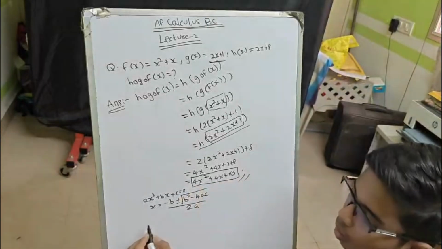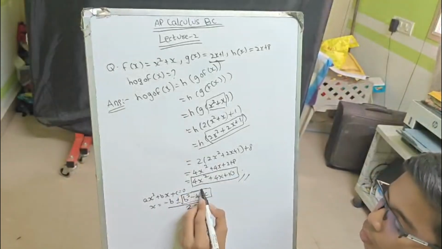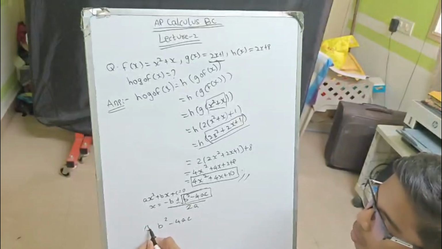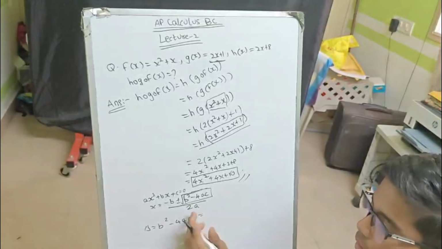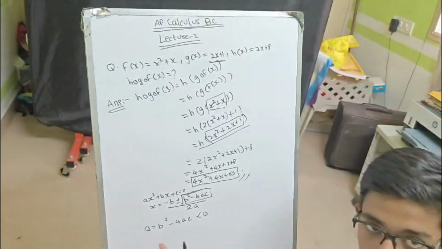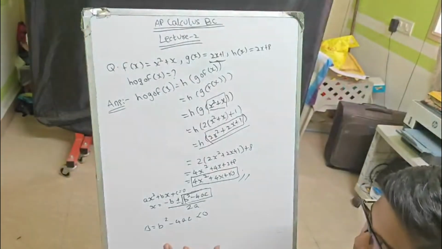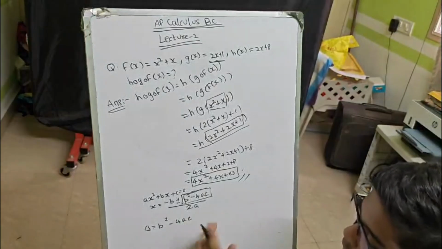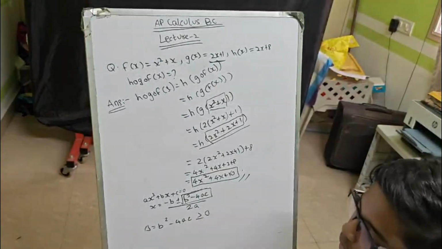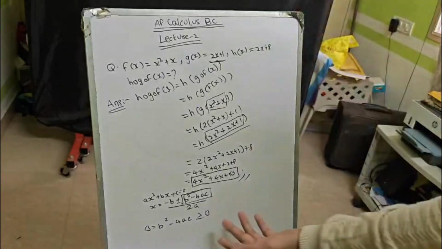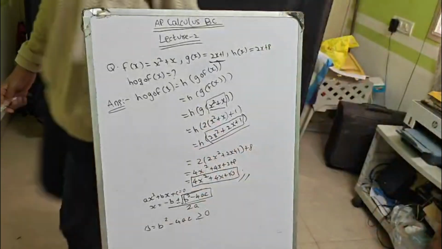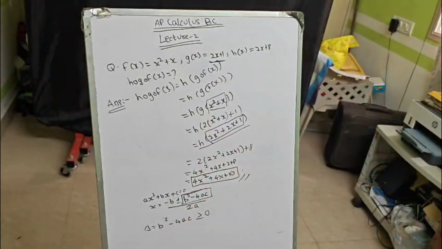If this b squared minus 4ac, which is called the discriminant, is lesser than 0, then you won't have real roots. Everything will be complex roots. So if you have real roots, this will be greater than or equal to 0. If it's equal to 0, you'll have only one root; that is, both the roots are equal. So I hope everything is visible. Oh yes, thank God.